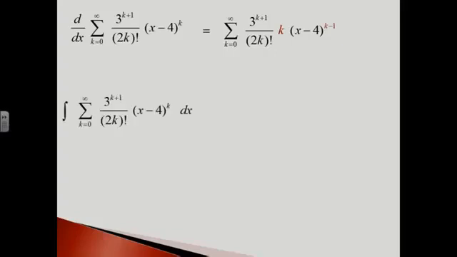If we integrate the given series term by term, we get 3 to the power of k plus 1 divided by 2k factorial multiplied by 1 divided by k plus 1 multiplied by x minus 4 to the power of k plus 1 plus c.